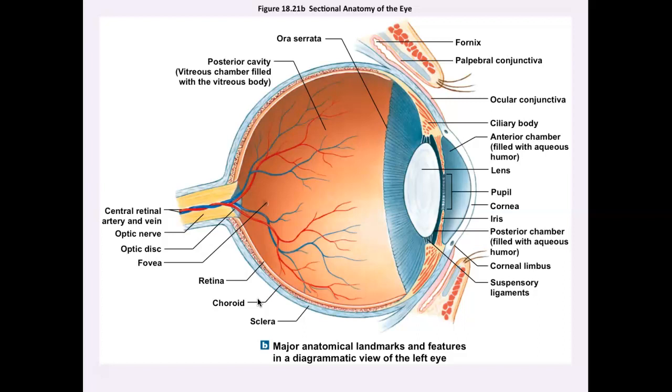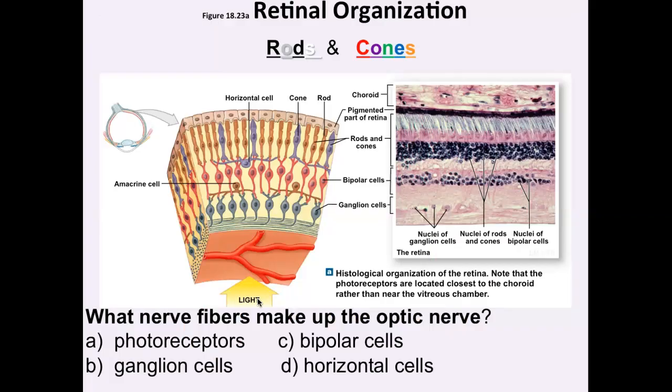All right, let's move on to the neural tunic, which is the retina. So the neural tunic is layers of neurons embedded in one layer of pigmented melanocytes. So we can see we have one layer of melanocytes, again, to absorb excess light, right?